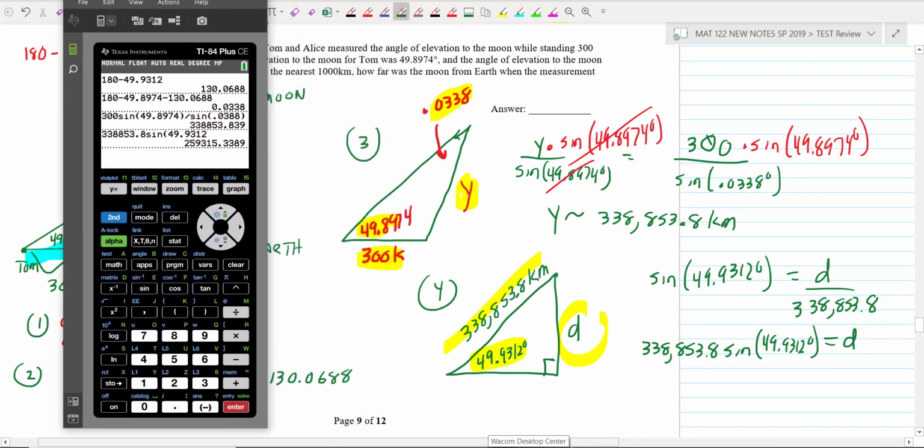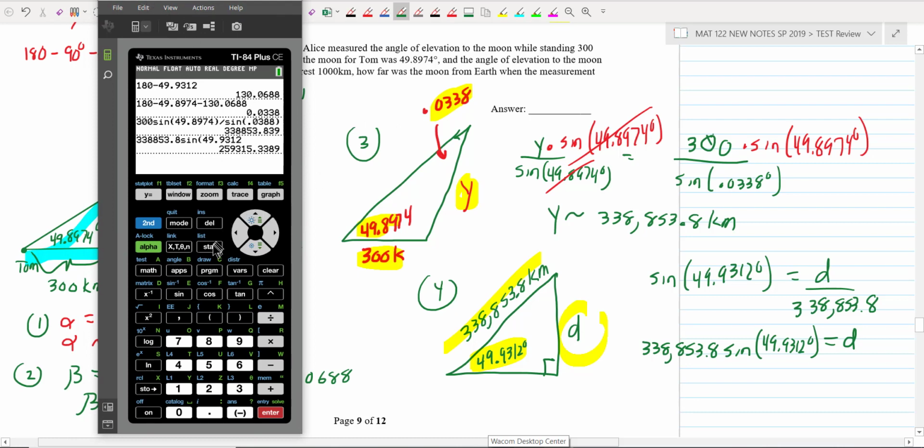Now, the thing is, Alice's distance, I thought they were going to be closer, but it's because of the value of the angles of elevation. It's a little further off than I thought it would be, but we would get 259,315.3 kilometers would be the final answer of that problem. Okay, so that is your final answer right there.